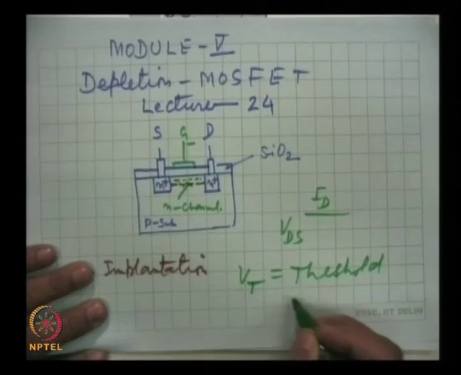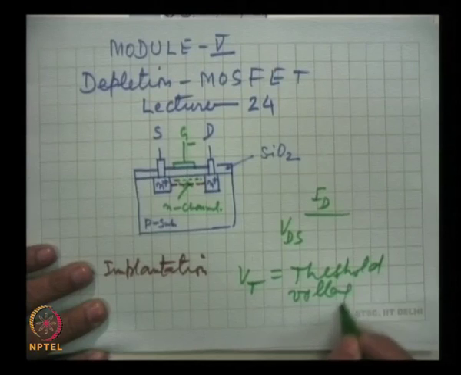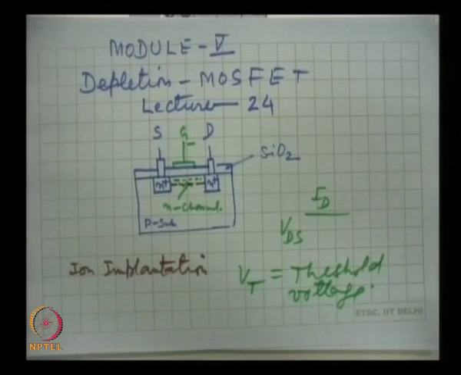VT is the threshold voltage. It is that gate voltage which depletes the mobile charges from the channel completely, known as VT, the threshold voltage.